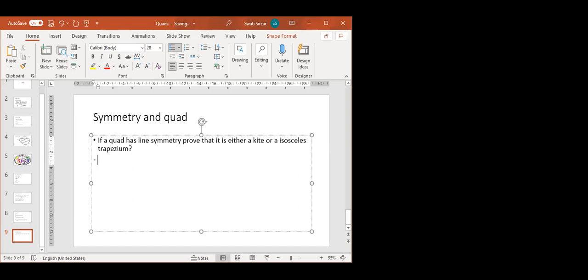Okay. The second one is, if a quad has rotational symmetry, then this is a known result, but I hope you will not cheat by looking up the proof everywhere. Okay, this is a known result, the second one.